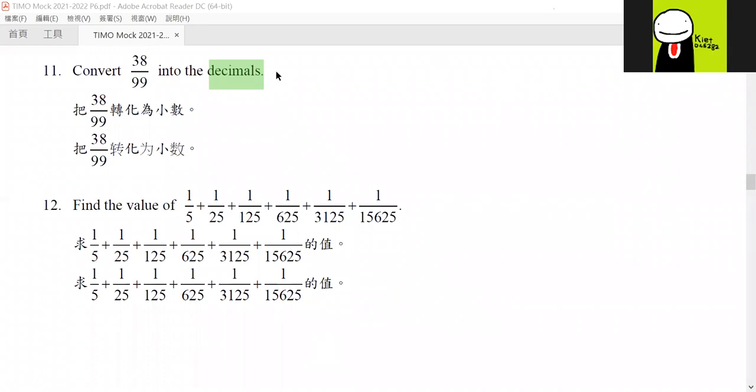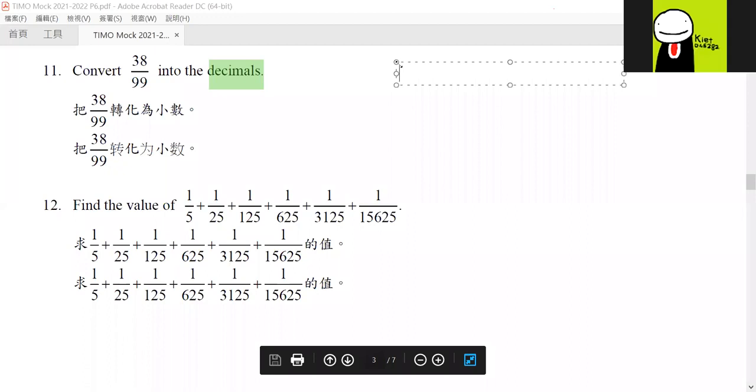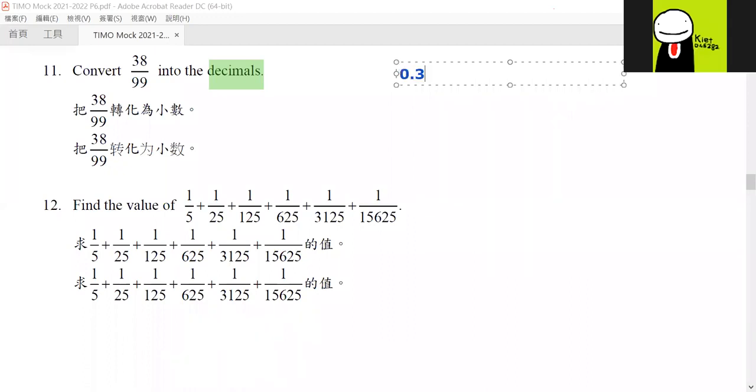So now let me introduce a concept called a recurring decimal. Let's say something like this: 0 and 1 to 3. Unlike other decimals, there are two dots on top of it. What does that mean? It means that it is a decimal, but instead of a finite decimal, it is infinite.